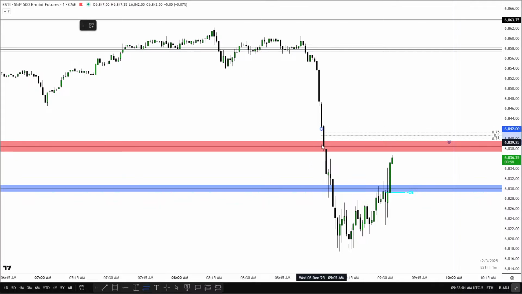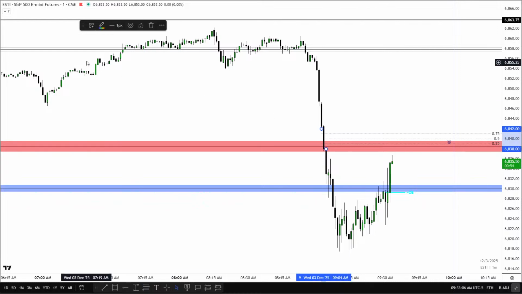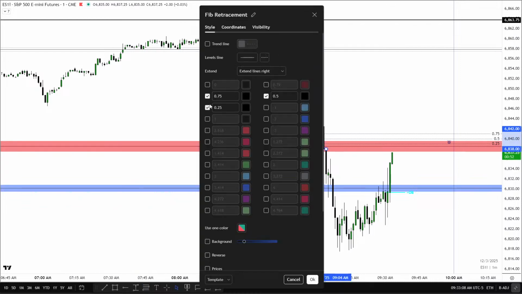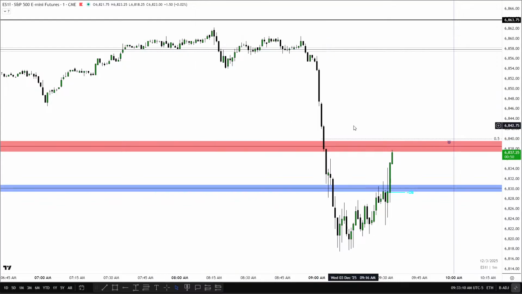Yep, there we go. So that midpoint is what we were watching right here. I'll just clean that up a little bit. So right there is good. Even that low, or that consequent encroachment, is beautiful. Look at how it trades to the low of the gap right there.